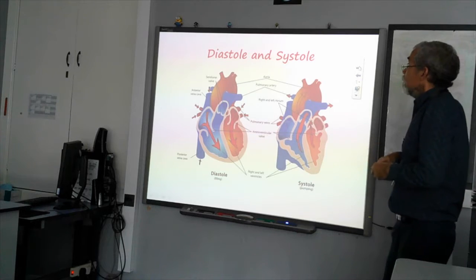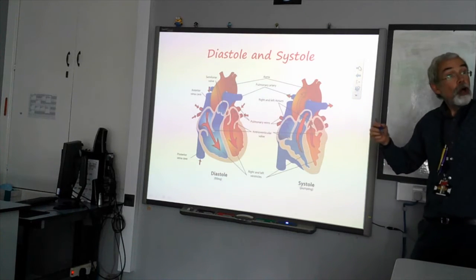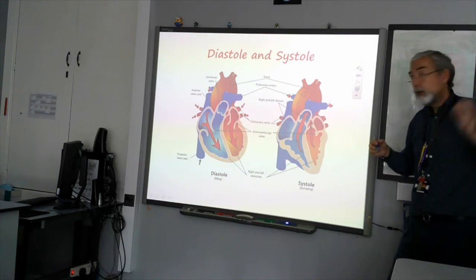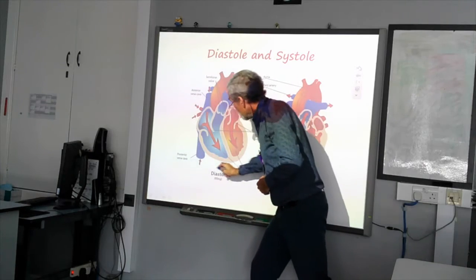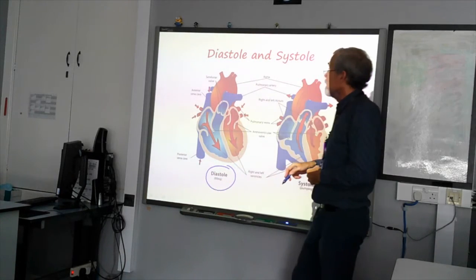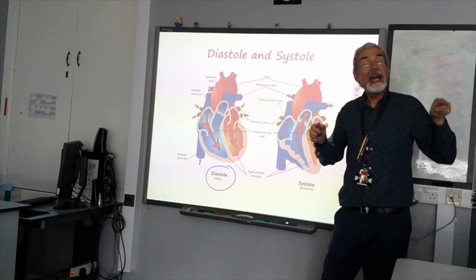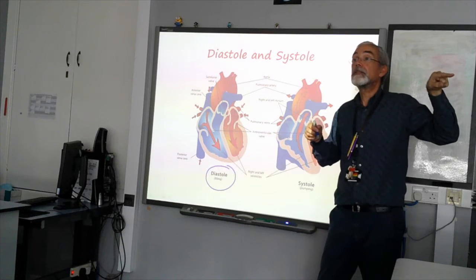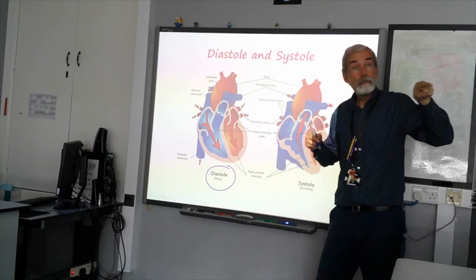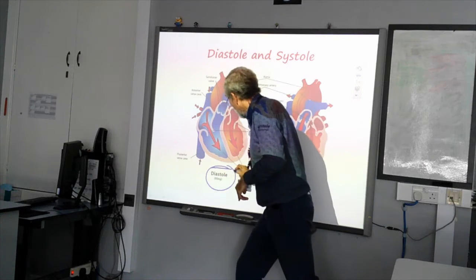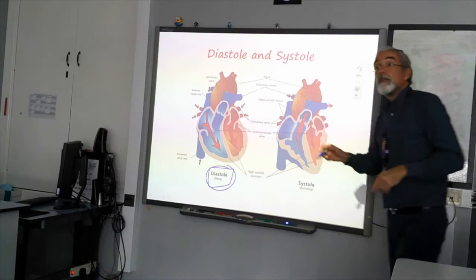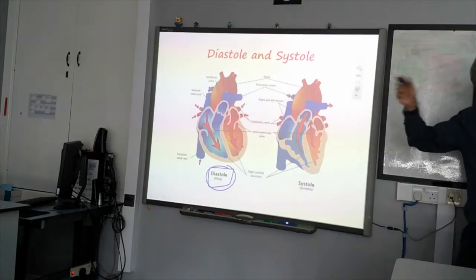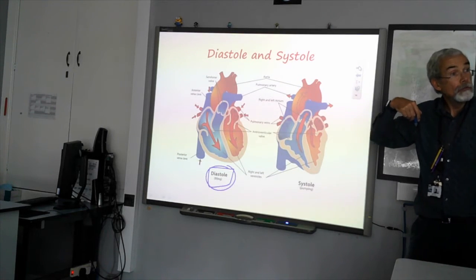Okay. So, nice slide again, but it's only telling you what you already know. When the heart is filling, is blood pressure at its lowest or its highest? Lowest. So this is diastolic. In other words, it is filling, the ventricle is not squeezing, therefore blood pressure is lower.